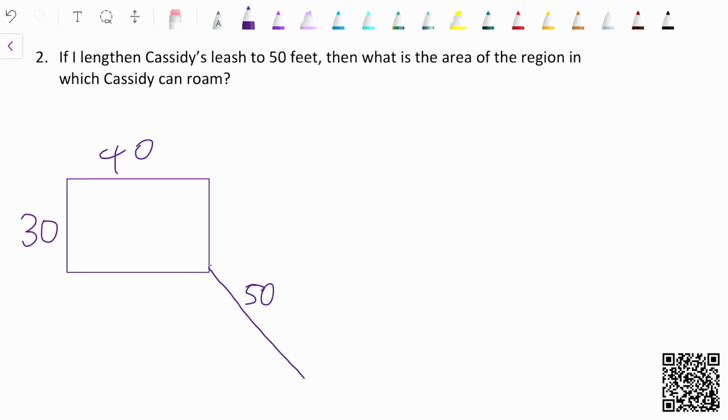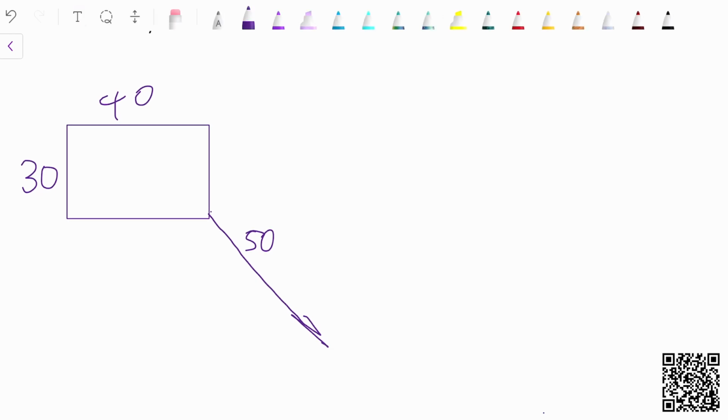Since the length of the leash is now longer than both sides of the house, she is no longer confined to just a circular area. Assuming she still can't get into the house, unless she got struck by magic lightning or something, when she goes off this side, she still has the corner of the house as the center of the circle.